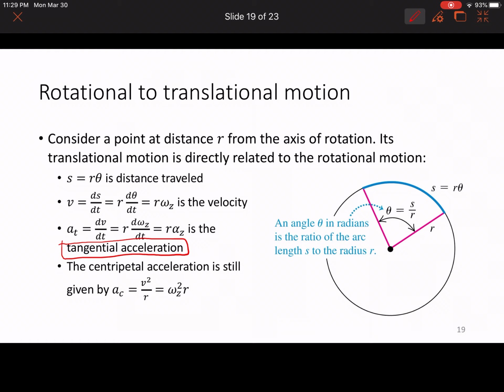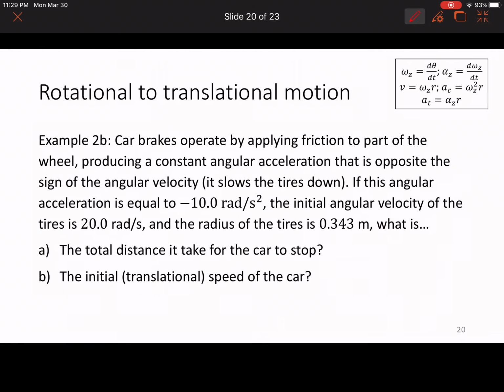Now we can put a name to it: angular velocity and angular acceleration. All right, so this is the connection between translational motion and rotational motion. S equals r times theta, and then these various other formulas that you get from taking a derivative. V equals r omega, and so on.